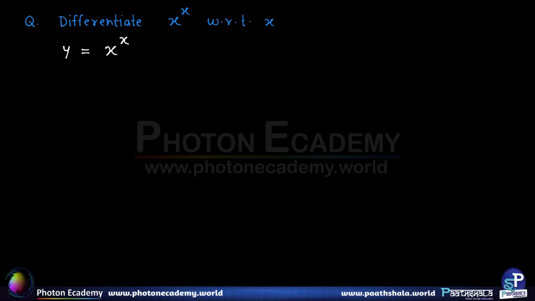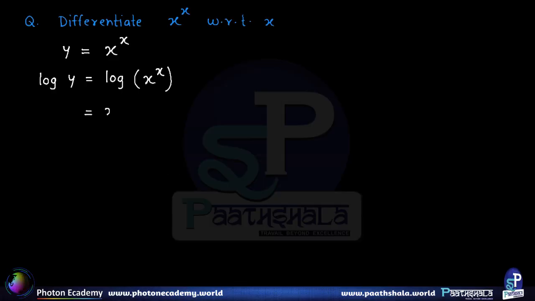So let y equal x raised to x. As per the process, we have to first take the log. So log of y is nothing but log of x raised to x, which is nothing but x log x. So log y is equal to x log x.